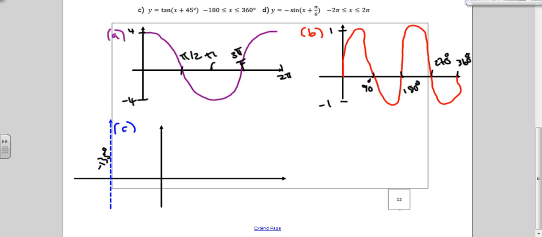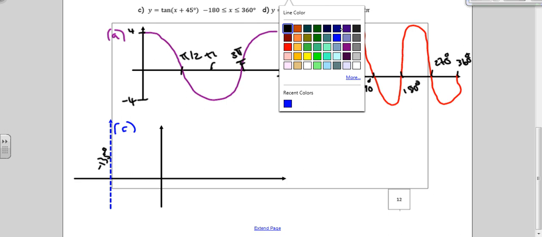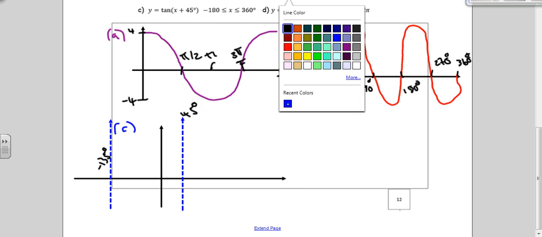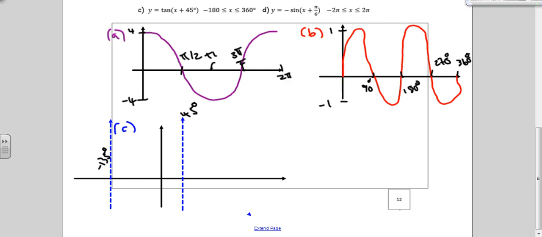The asymptote that's usually at 90 degrees will now be at 45 degrees. And the asymptote that's usually at 270 degrees will now be at 225 degrees.